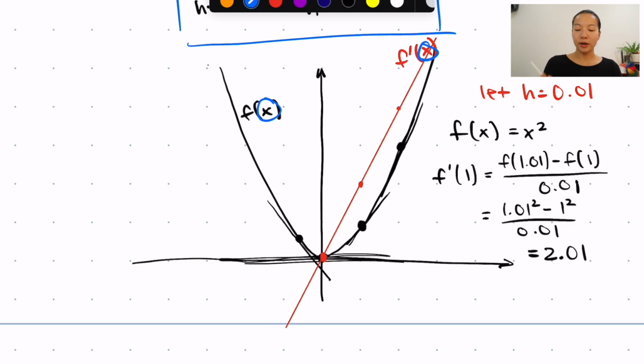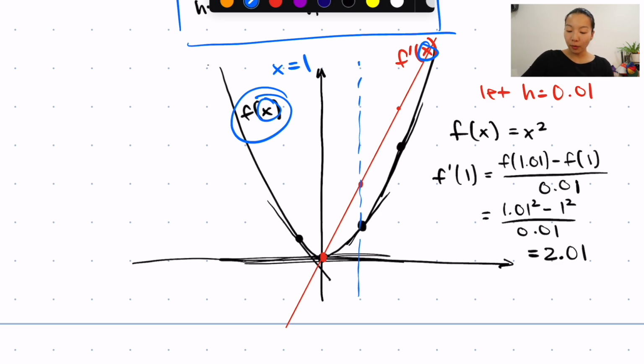if you say x equals 1, then the derivative at f of x equals 1 is this value. So the derivative along this line at this point is going to be this value. What this is saying is that the slope here is equal to 2.